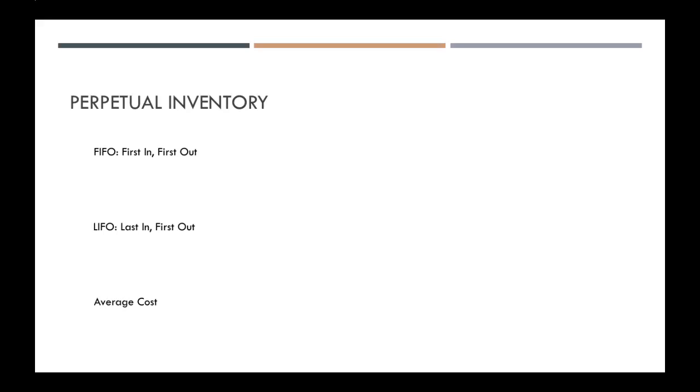The next chapter touched on perpetual inventory. When we learned about perpetual inventory, that's when we talked about FIFO, LIFO, and average cost. It's all about the movement of the inventory that we have and how we are going to figure out what our cost of goods sold and our ending inventory will be using these 3 different methods.